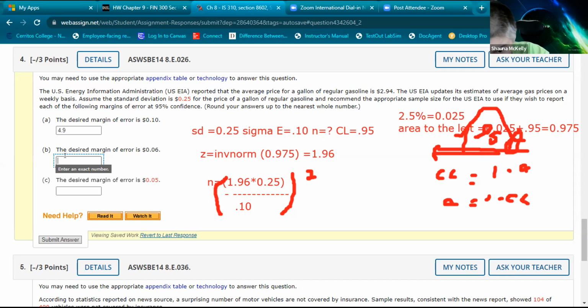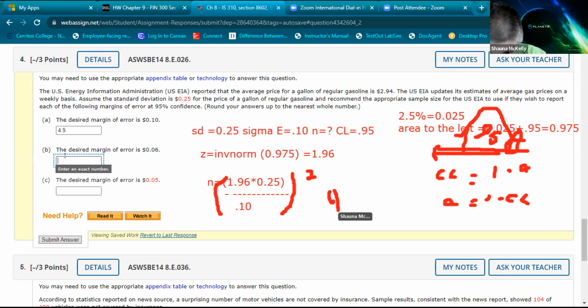so what I'm getting here is, now it says round up to the nearest whole number. So this is 24. In my class, we would round this to 25 because this is 24 and a little bit.